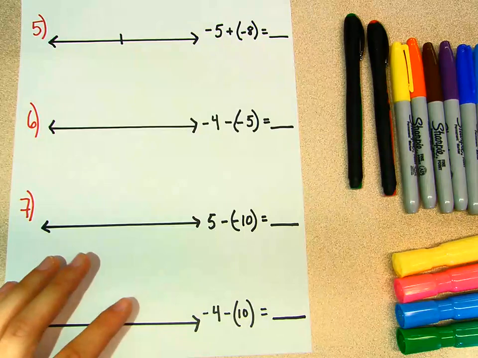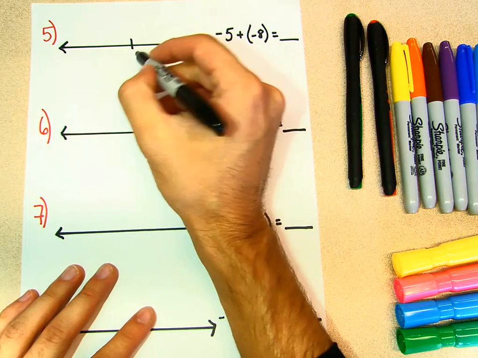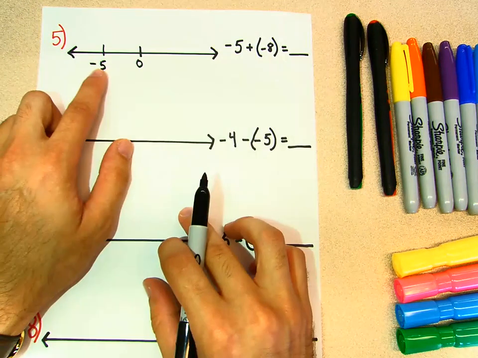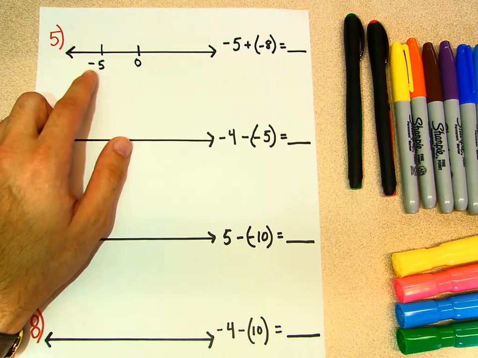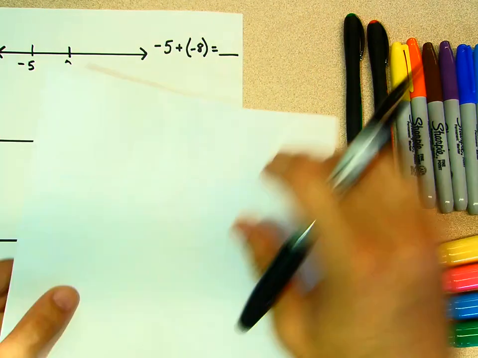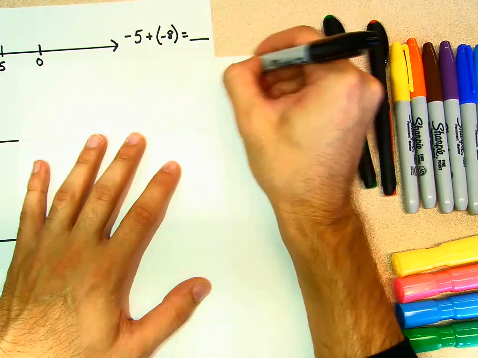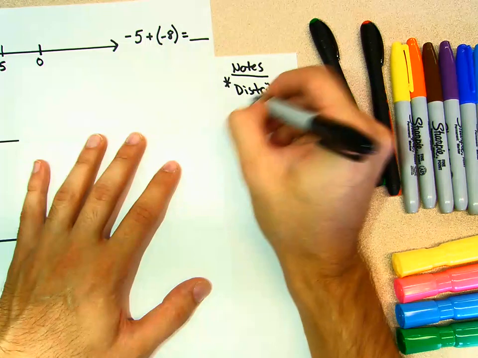Well, let's look at how we solve something like this. It always starts the same. Where are we first? 0's in the middle, and this is negative 5. It's somewhere here. Now we have to do a plus negative 8. So the trick is, all you need to do is notes. And please write this down: distribute the sign.